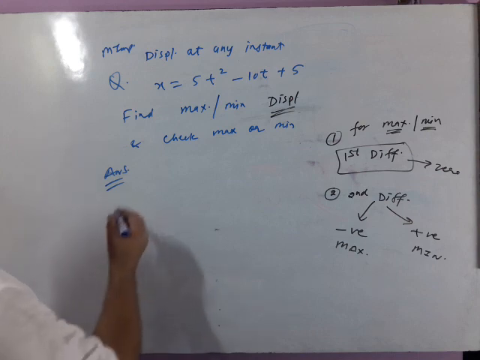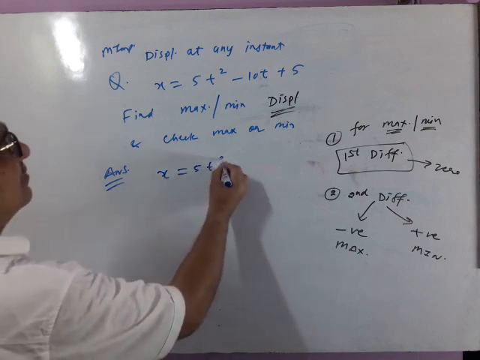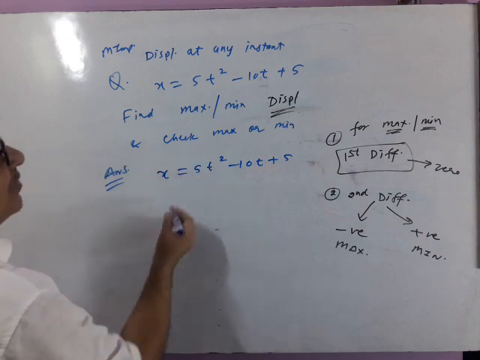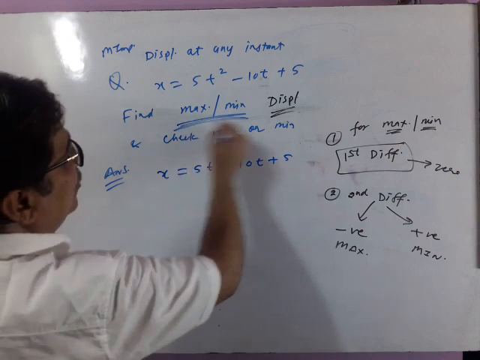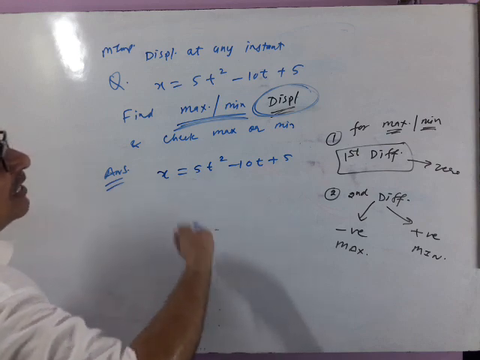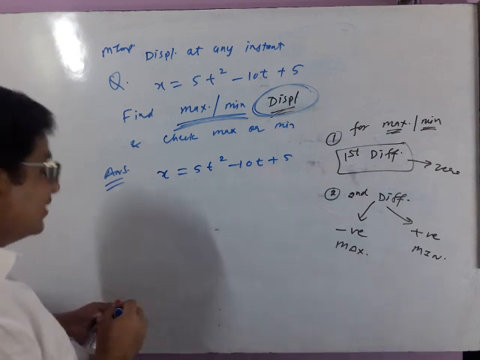He says displacement is given and we want to find out the maxima or minima displacement. See, if he says it is minimum displacement, at what time is the displacement minimum? So what do we do?